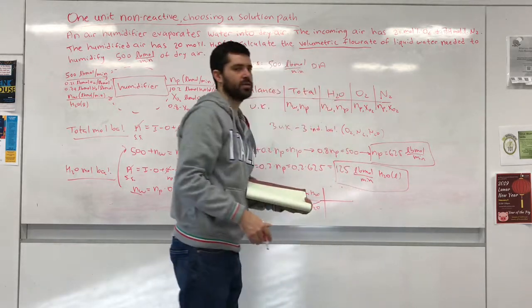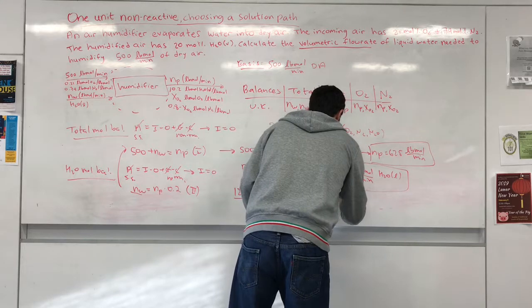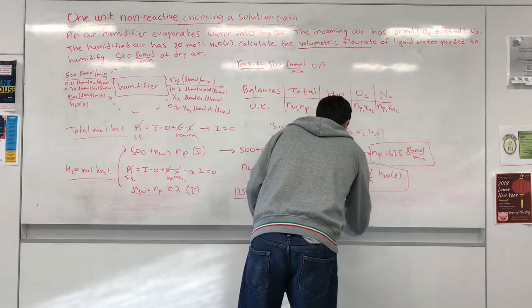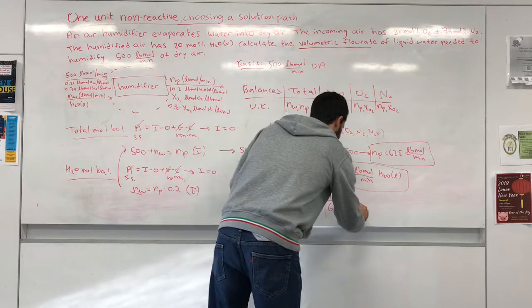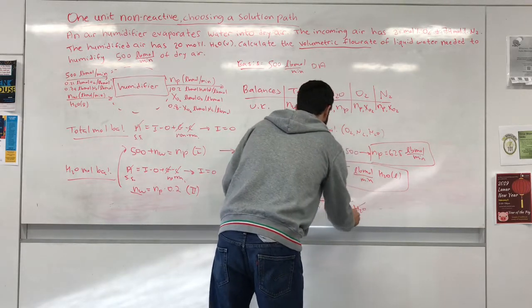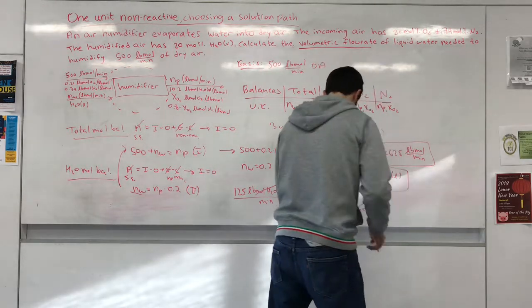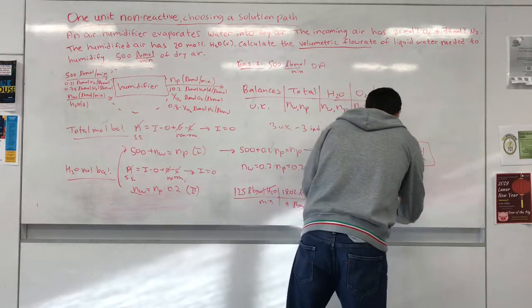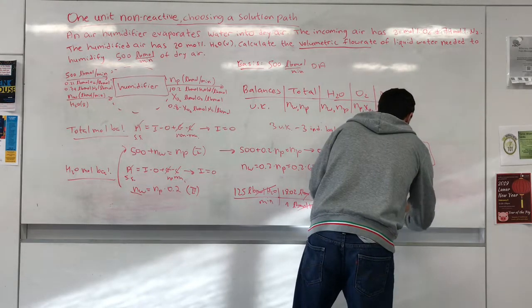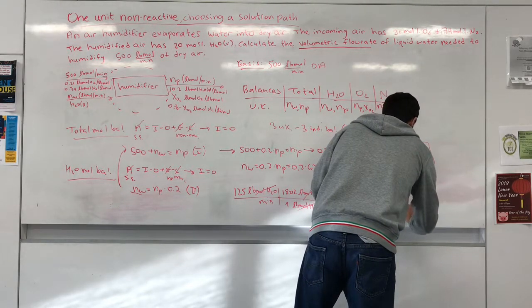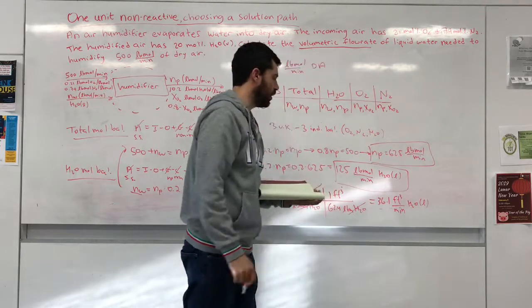And we're going to use units of pound mass per cubic feet for this. So every cubic feet has 62.4 pound mass of water. So these cancel out, and it ends up that you need 36.1 cubic feet per minute of liquid water.